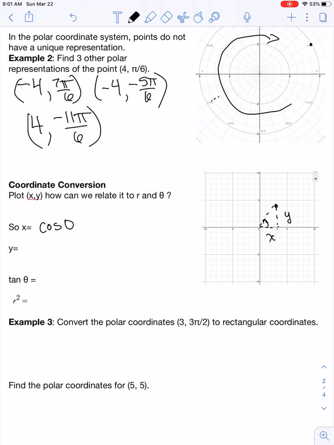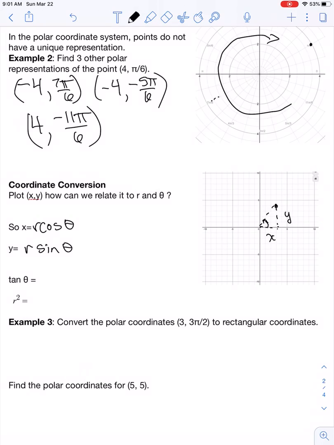Cosine of the angle times r, because the cosine of the angle is x over r. And then y would be r sine of the angle, theta.